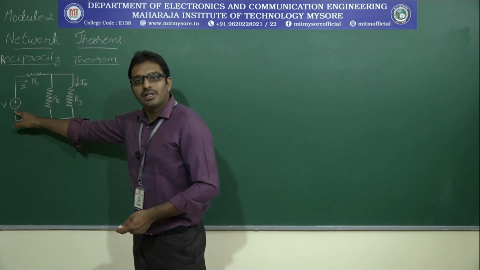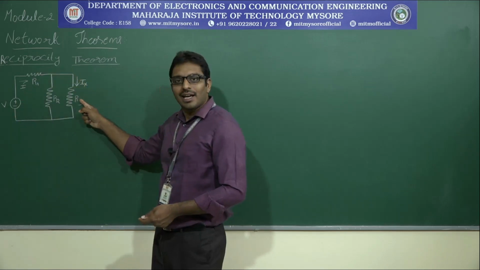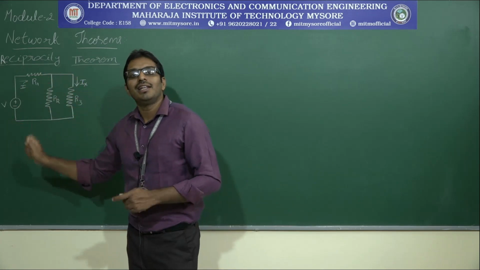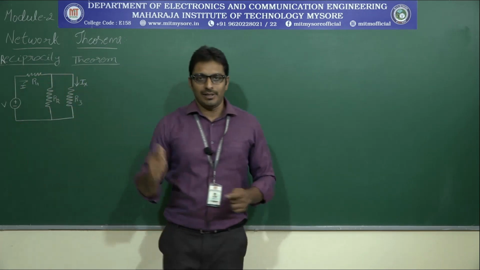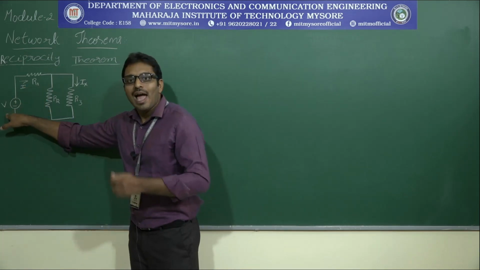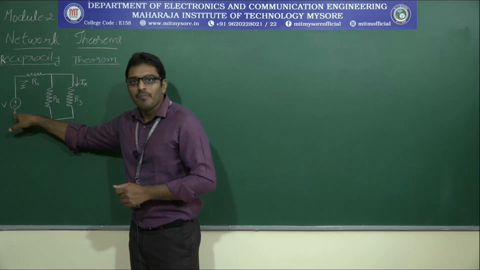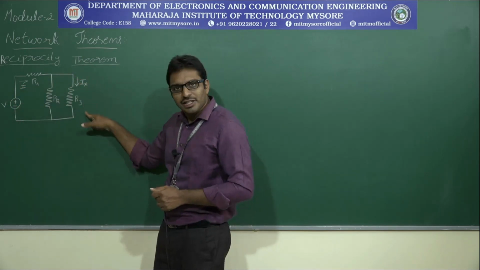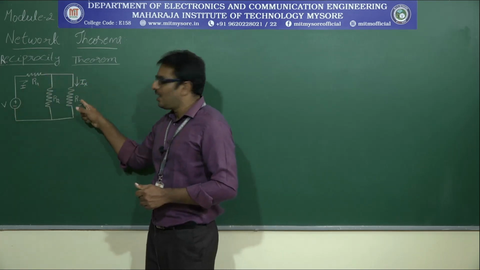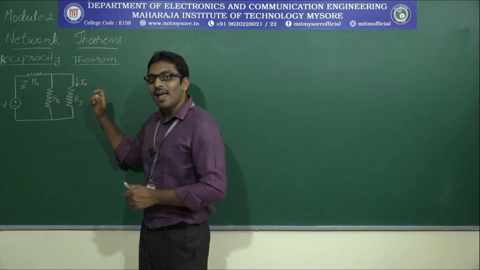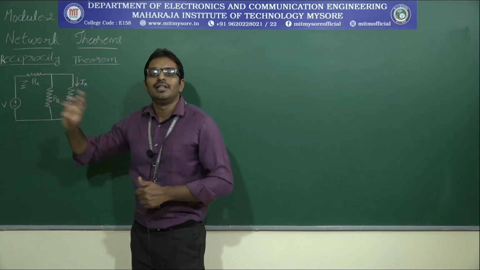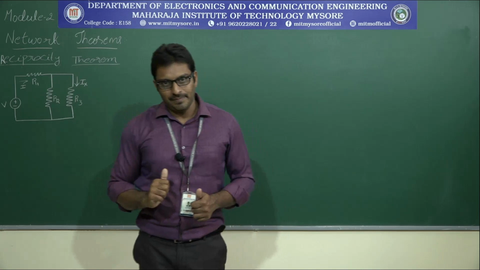When the same voltage source acting in the second branch produces the same current in the first branch, then the circuit is said to be reciprocal. Let me repeat. When a source of voltage V acting in the first branch produces a current Ix in the next branch, and after that the same voltage source acting in the second branch produces the same amount of current Ix in the first branch, then the circuit is said to be reciprocal.